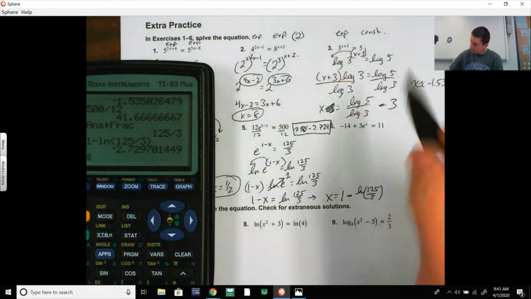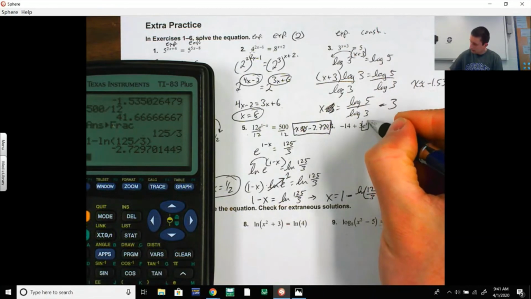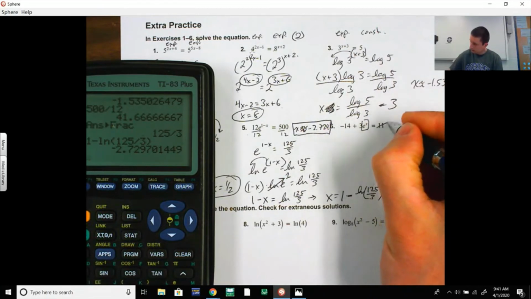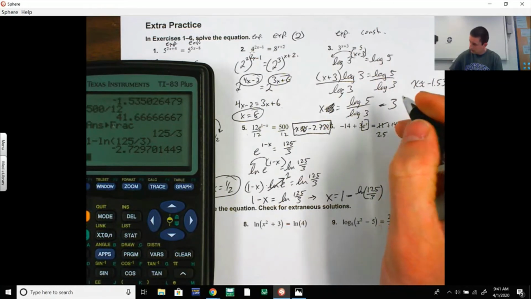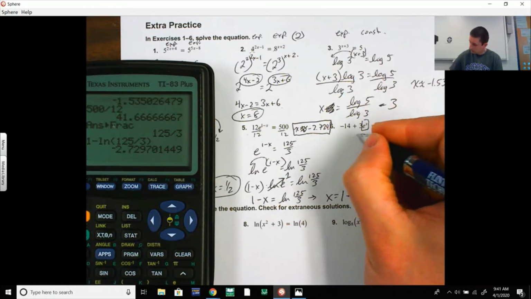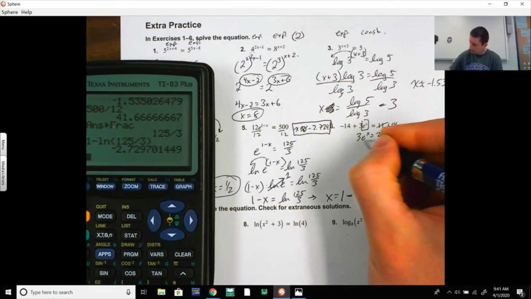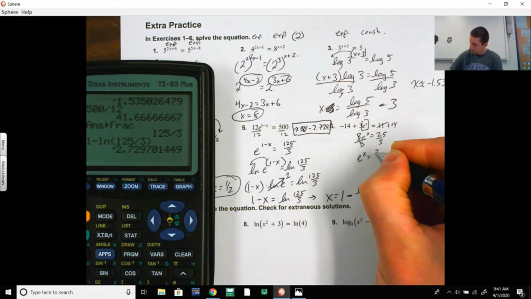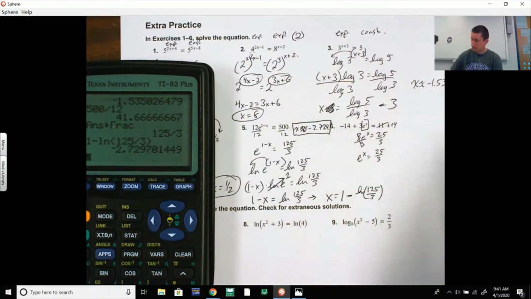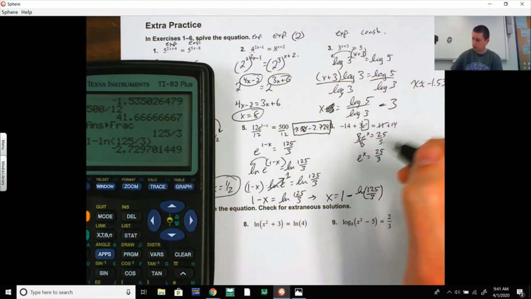Same sort of thing here. We want to isolate this. We want to get that by itself. So I'm going to add the 14 over. 11 plus 14, that gives me 25. And then I'm going to divide by 3. So I get 3 e to the x equals 25, so I'm going to divide by 3. So e to the x equals 25/3. Natural log both sides, or convert it to logarithmic form.